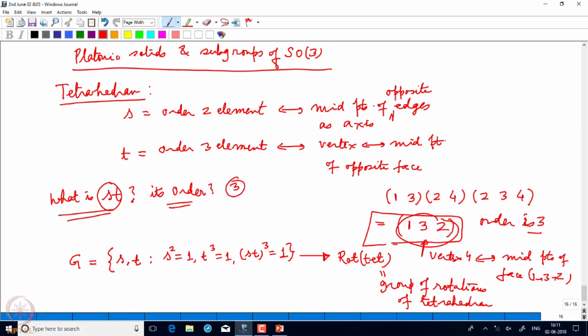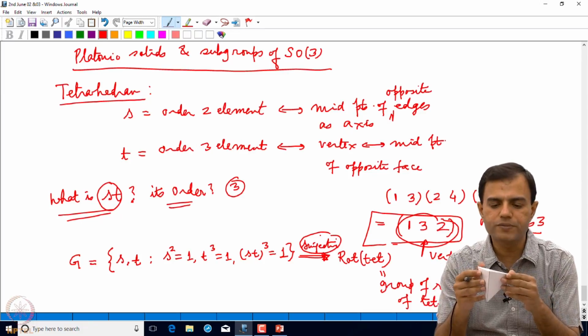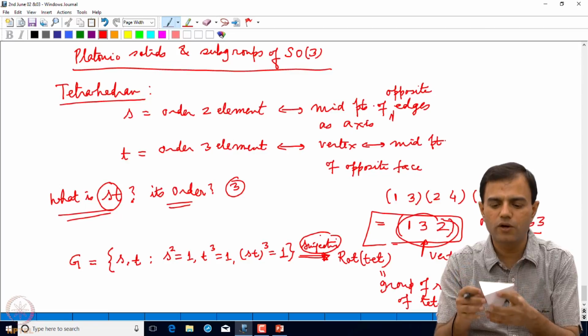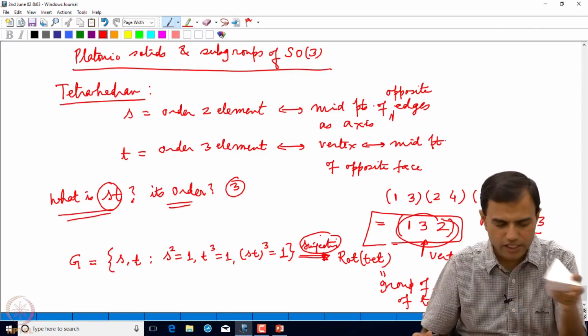So here is this homomorphism, and it's a surjective homomorphism. Surjective because we have observed all possible symmetries in this. So that's how we are claiming it to be surjective.